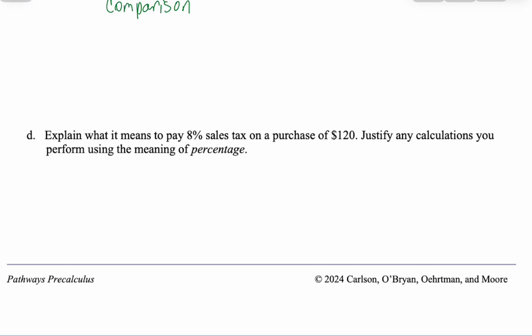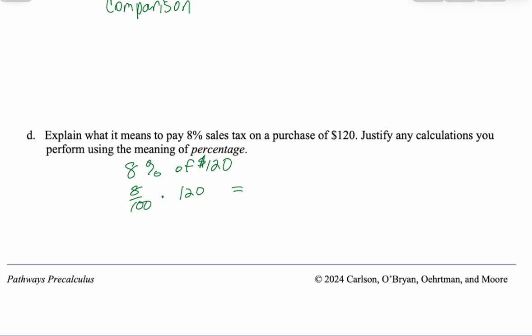That's technically what it is because 8/100ths of a dollar gets added on for every dollar. Mathematically speaking, that is going to be 8% of 120. Now, let's turn that into a mathematical equivalent. 8% is 8/100ths. So we can do 8/100ths times 120, but a lot of people don't care for fractions very much.